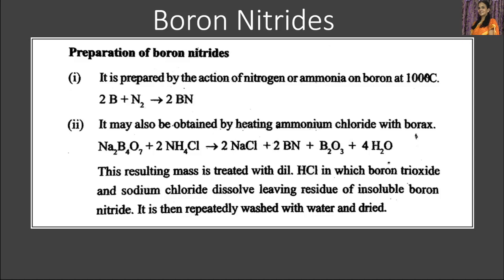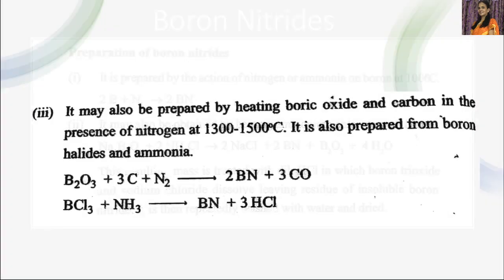The resulting mass is treated with dilute HCl, in which boron trioxide and sodium chloride dissolve, leaving a residue of insoluble boron nitride. This process is repeated again, and after this process we get pure boron nitride.